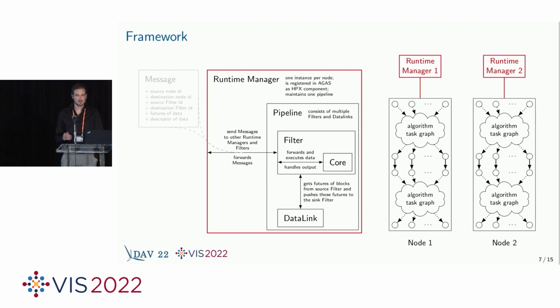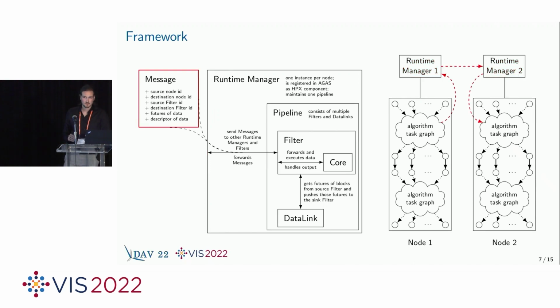These runtime managers are special objects, as they are registered in some kind of global address space and are thus able to communicate with each other, and are thus responsible for starting the whole pipeline and also for termination detection. Moreover, they also enable us to do some inter-node communication via messages.